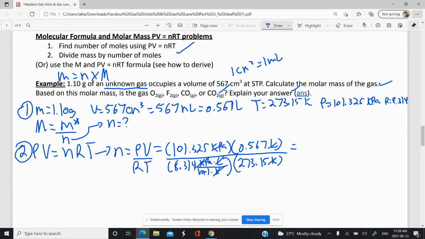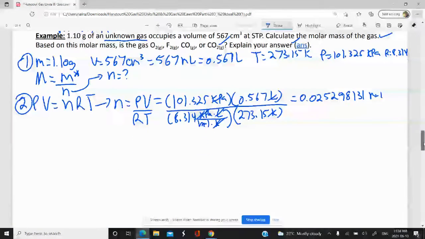So 101.325 times 0.567 divided by 8.314 divided by 273.15, and we get 0.025298131 moles of that unknown gas.